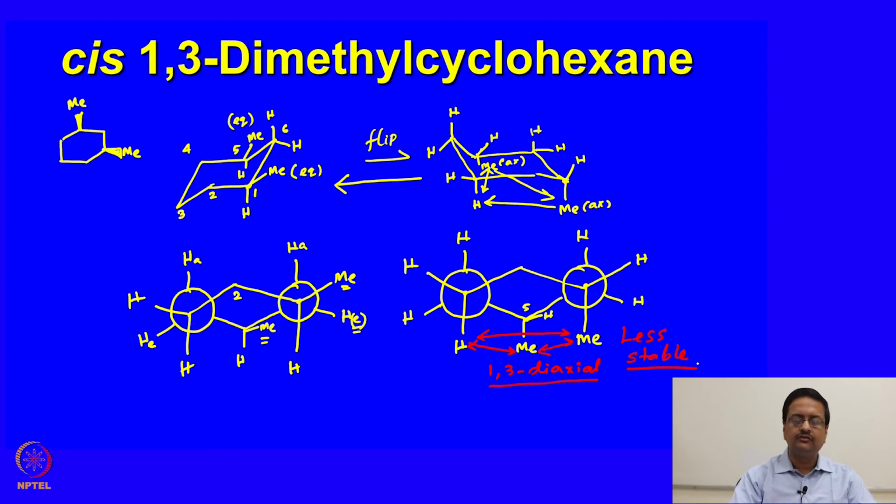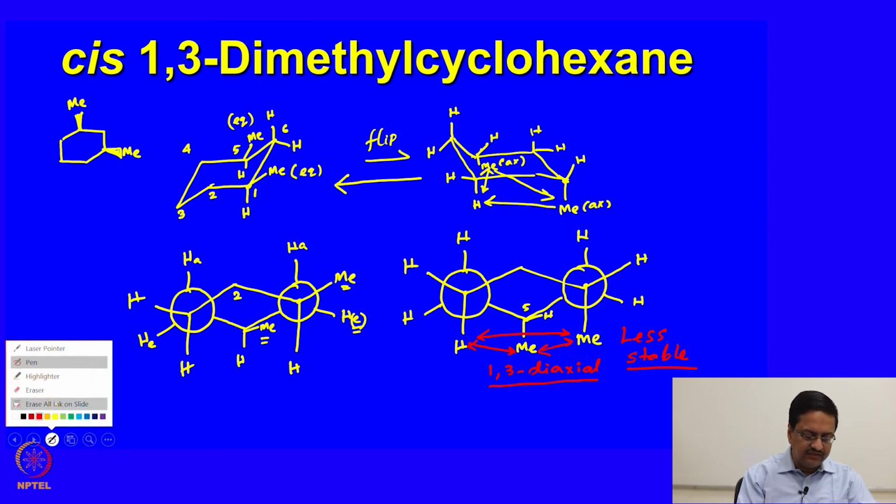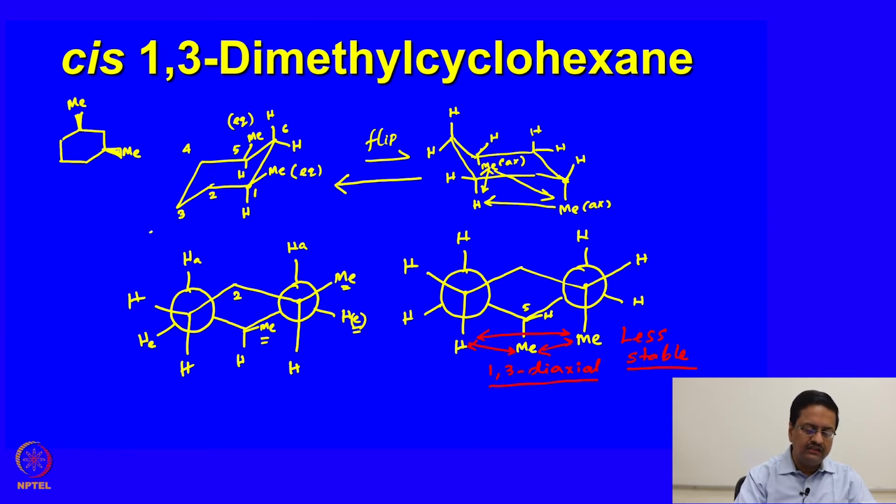So always at room temperature, this cis 1,3 dimethyl cyclohexane will stabilize in this chair conformation compared to the other one.